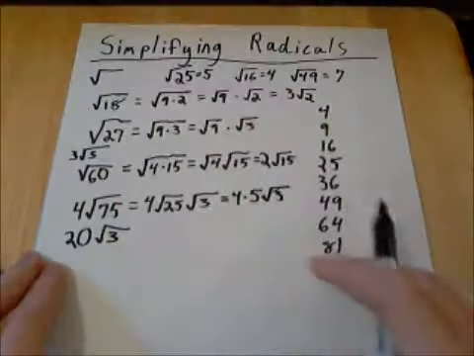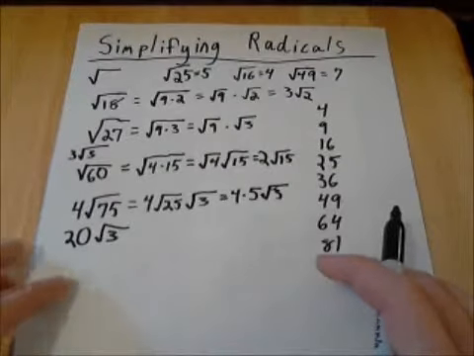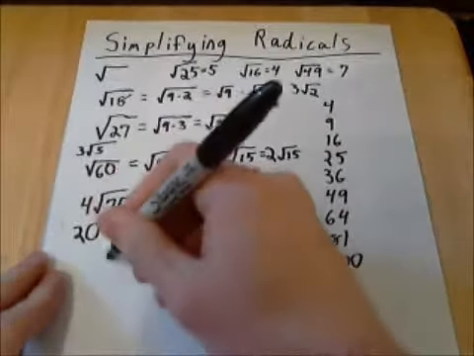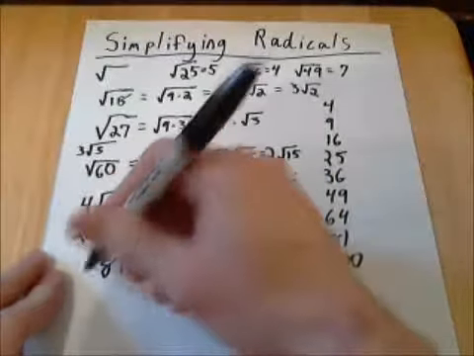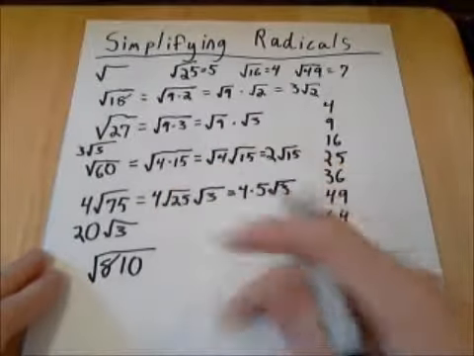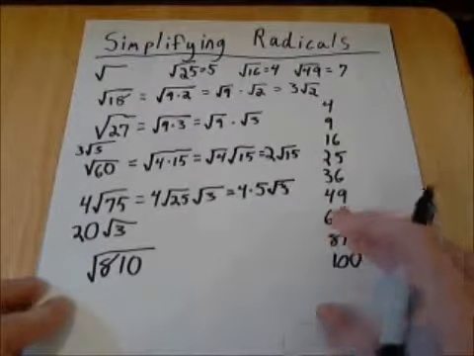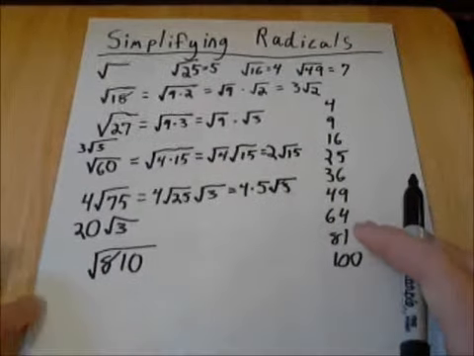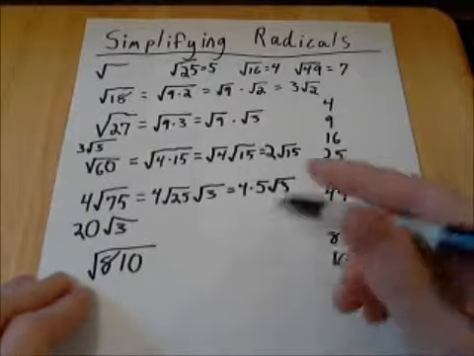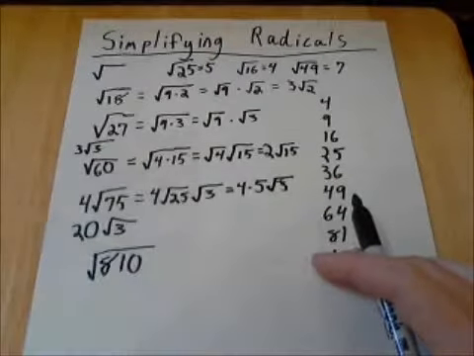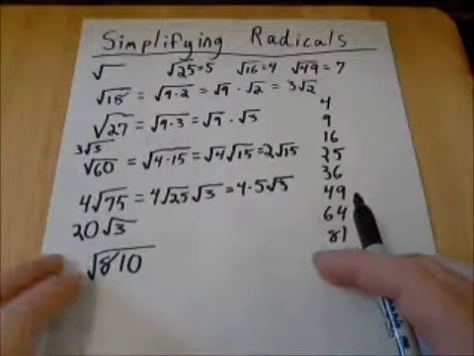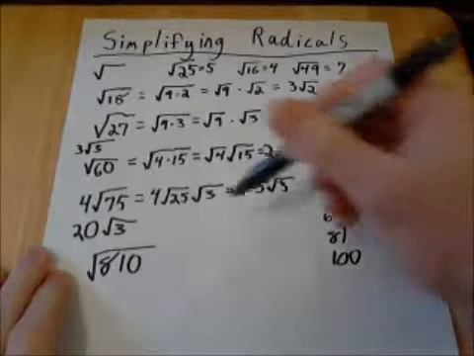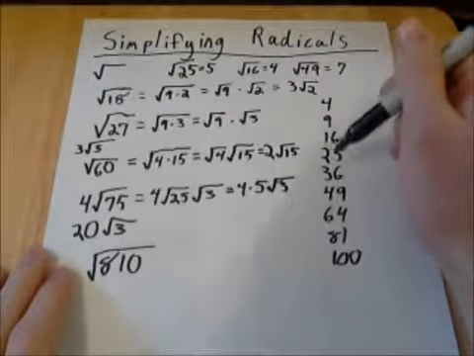Okay, so now let's assume that we had a relatively large number, something like 810, and we had to simplify that down. Now you may not know just off the top of your head the biggest perfect square that will go into 810. I certainly don't. This is why I mentioned it's not crucial that you get the biggest perfect square that goes into it, because you can do it in multiple steps. So let's look at what might go into this.